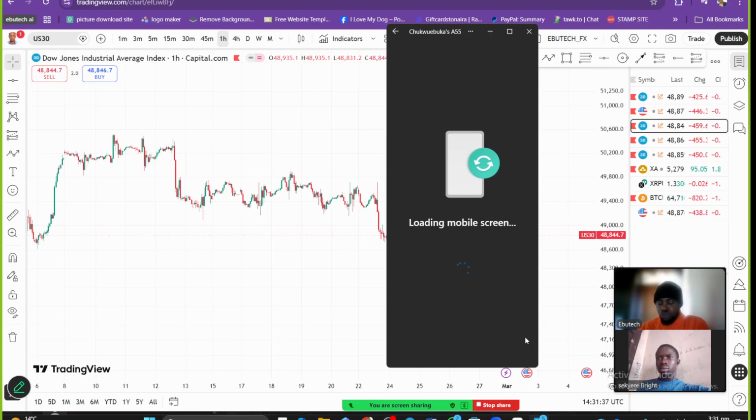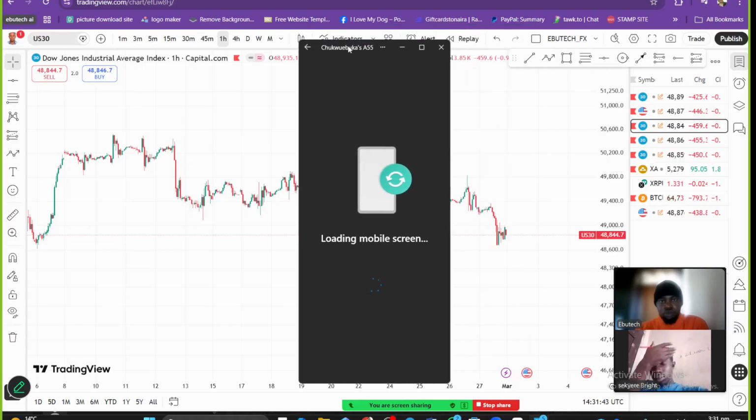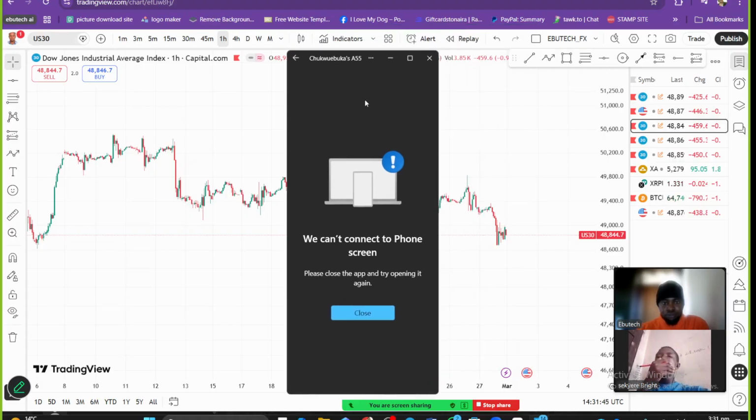Hold on, I'm trying to load the phone view so that you can see it from the phone view. Seems you are using your phone, right?